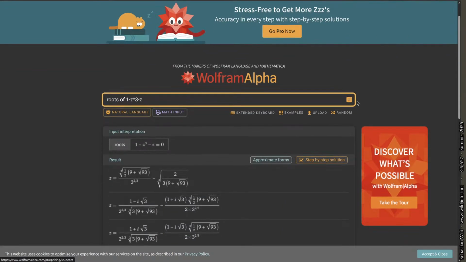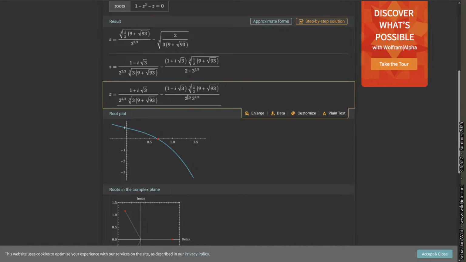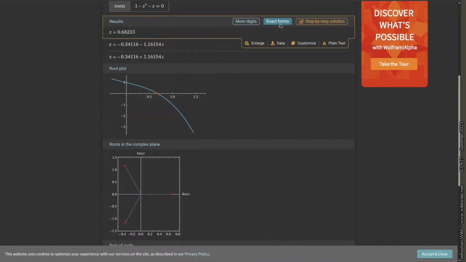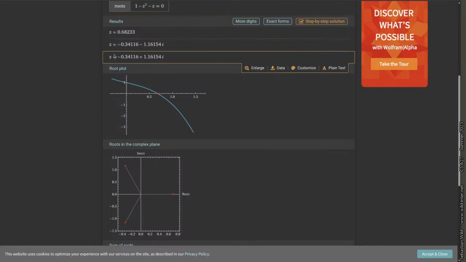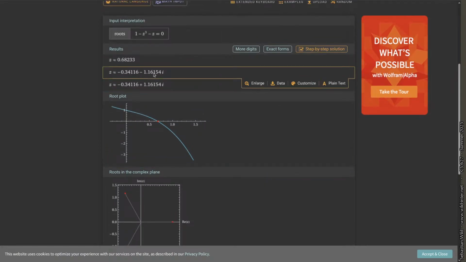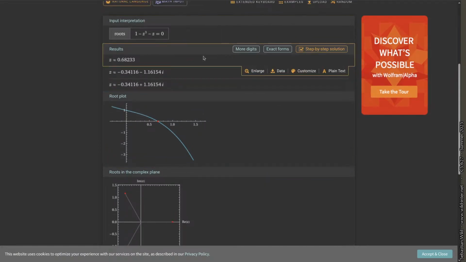That's something it can easily do. Yeah, so it has an exact representation, but they're not very nice. So we'll just take the approximate form. And that's going to make the remainder a bit ugly.